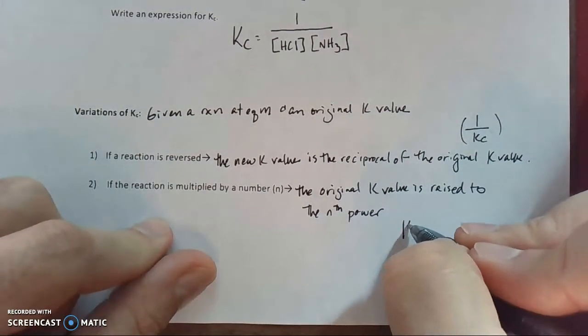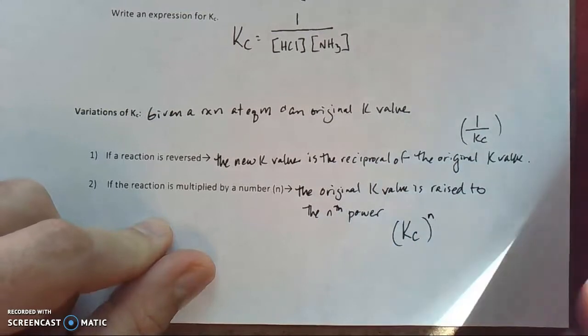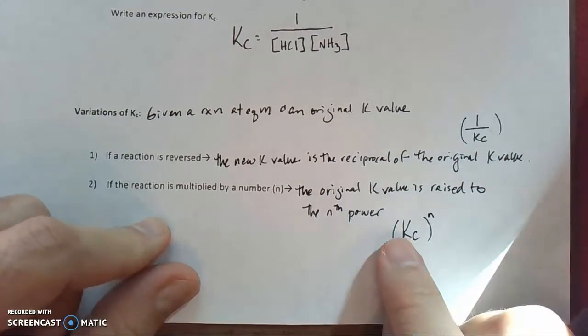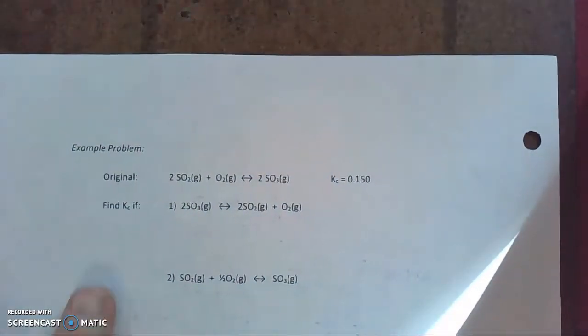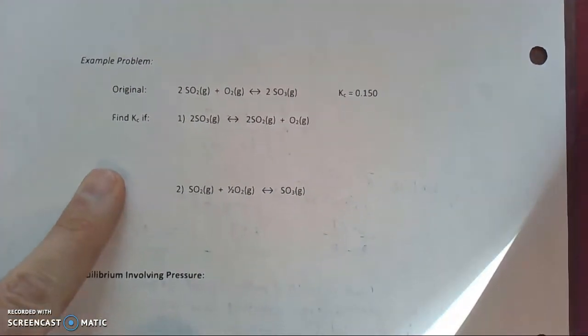So we would have Kc raised to the nth power. So that would work even with fractions. So we're going to look at an example of that here on this page.